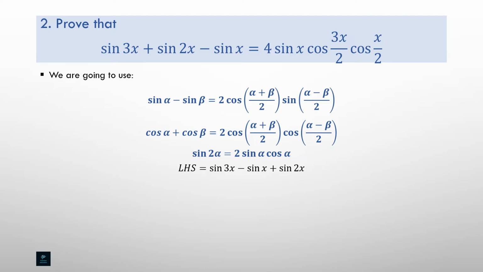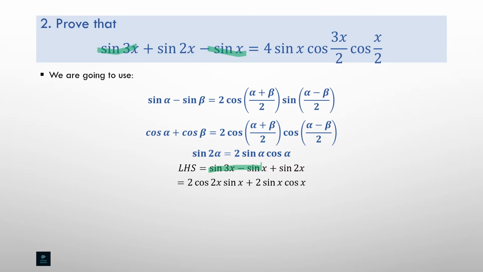Notice that we have grouped sin 3x and sin x together. So therefore we will apply this sine α minus sine β formula on sin 3x minus sin x. (α+β)/2 in this case will give 2x, and (α−β)/2 on 3x and x will give x.